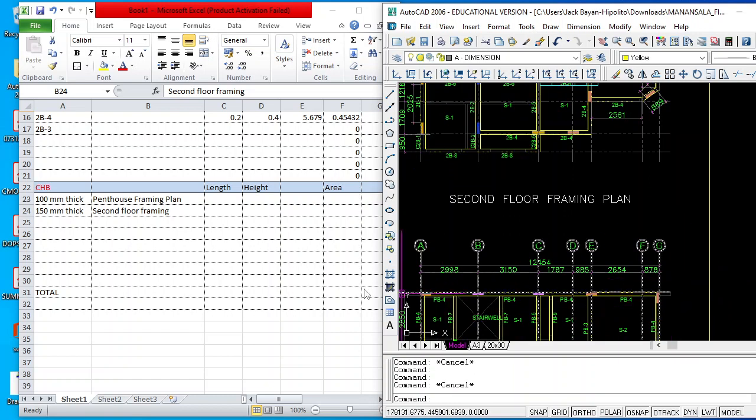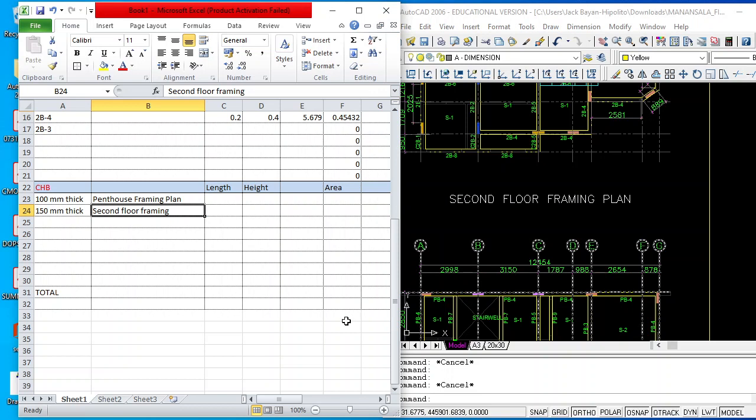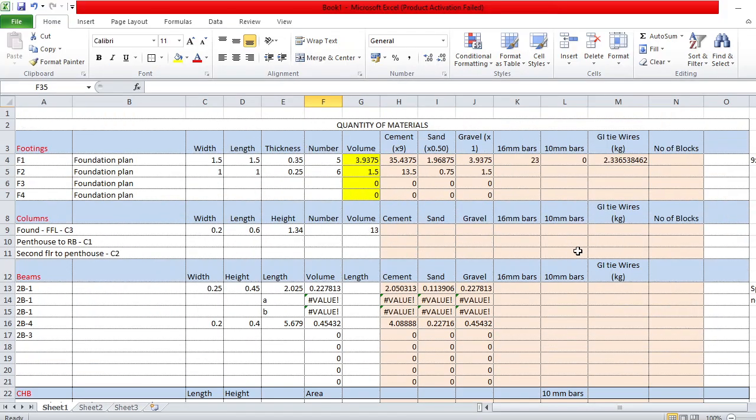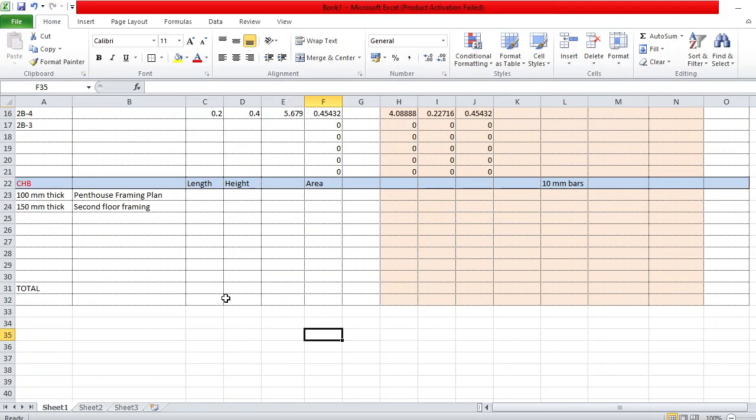You will submit the finished table later today or early tomorrow morning. I will allow even 12 o'clock noon for you to submit this table, complete with the data. And by the way, the last part is your total here.